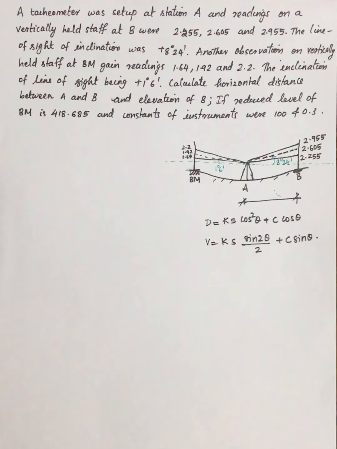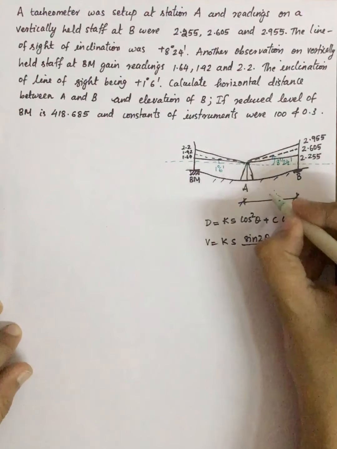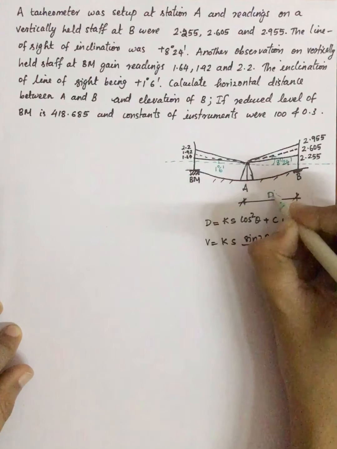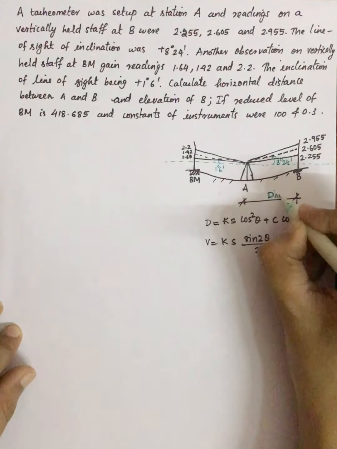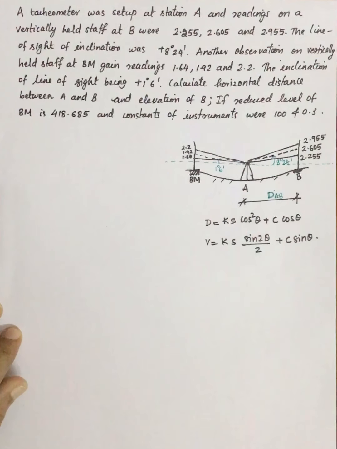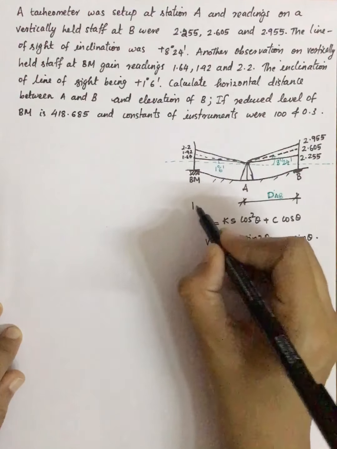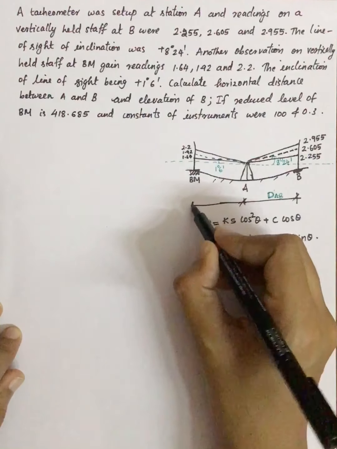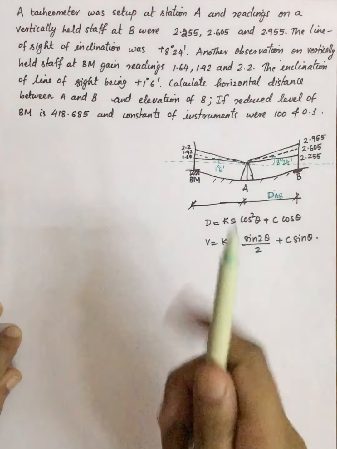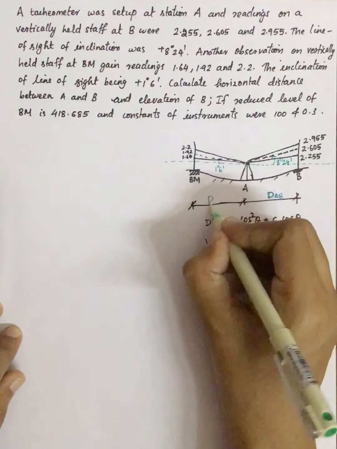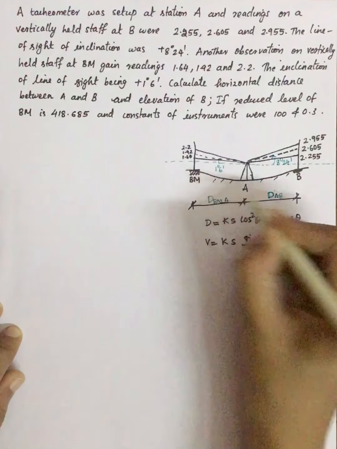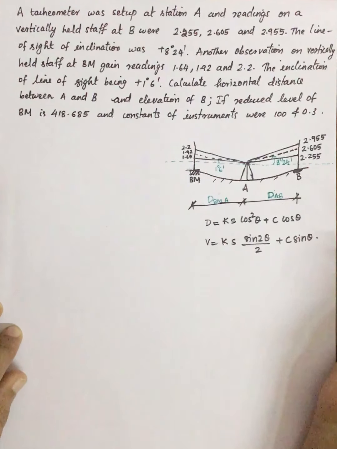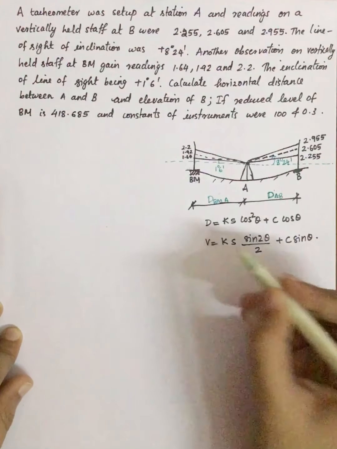So this is the distance D, D_AB. Similarly, you have another distance from the benchmark to A. So what is V?